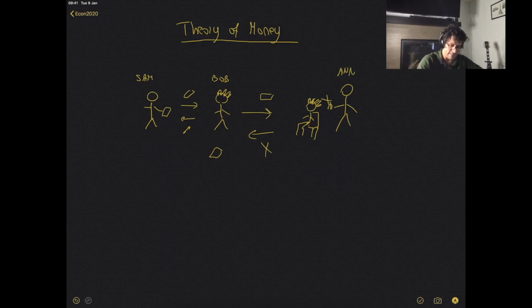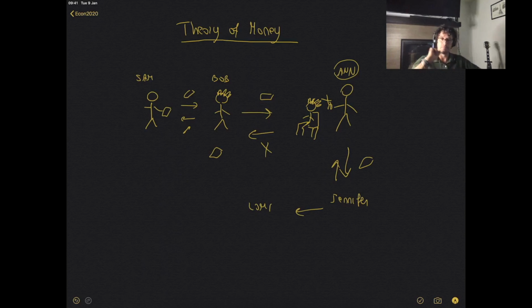Anne is going to accept this money if in turn, you can see basically where it's going. Anne accepts this money from Bob because she knows that she can do a transaction, say, with Jennifer. Okay? At the same time, Jennifer accepts the money from Anne because she knows that she can make a transaction with, say, Lomi.